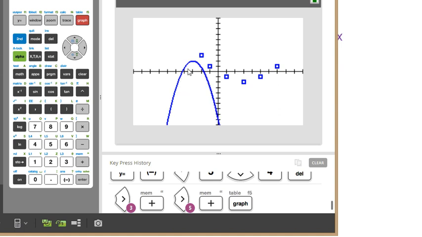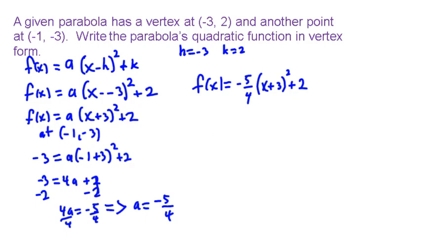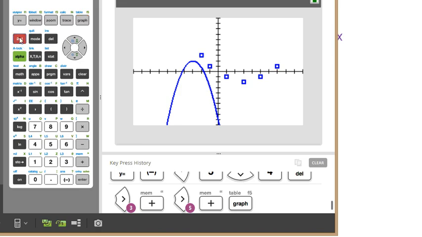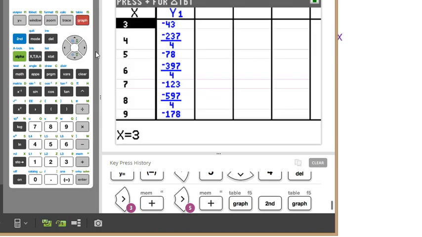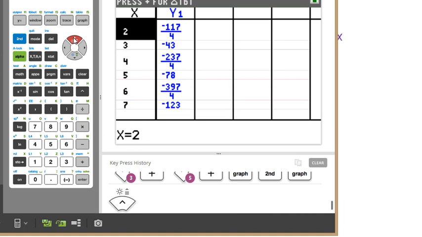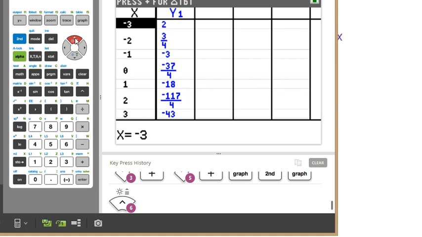Is it going to match our points? We have negative 3 comma 2, looks good. What was the other one? We have negative 1 comma negative 3. So let's just go ahead and check our table view. So negative 3 comma 2, right?